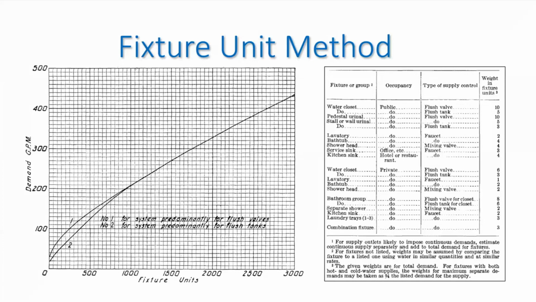And so he weighted the 3 fixtures using a scale of 10. The flushometer valve curve was given a value of 10, and the other 2 curves were weighted relative to that flushometer valve curve. And when he weighted these curves, the curves actually collapsed toward the flushometer valve curve.